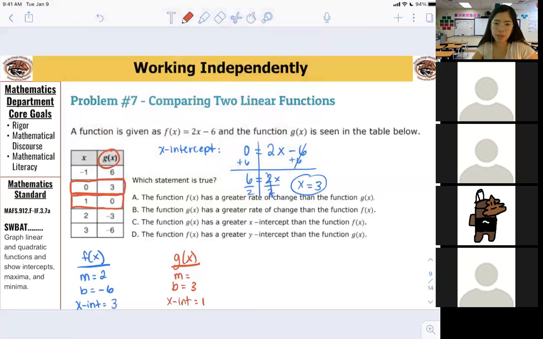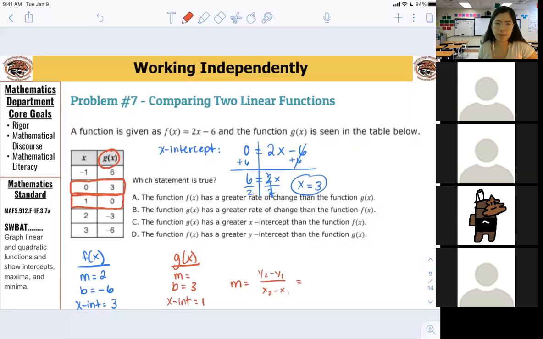So how do I get the slope of g of x? Rate of change. Pick 2 points, plug them into the rate of change formula: y2 minus y1 over x2 minus x1. We might as well use the points I already have highlighted.